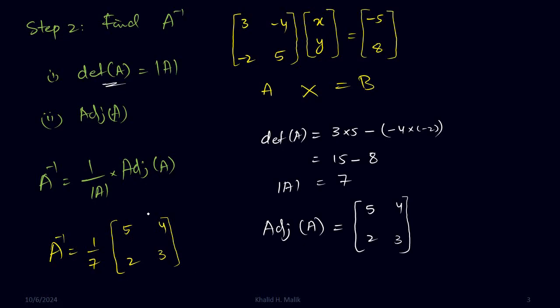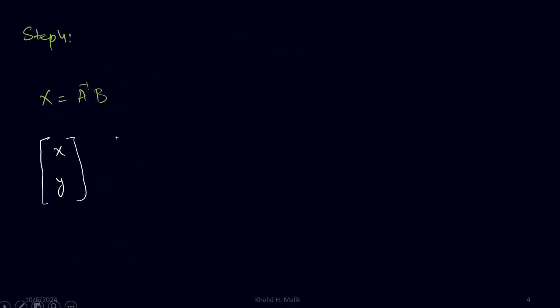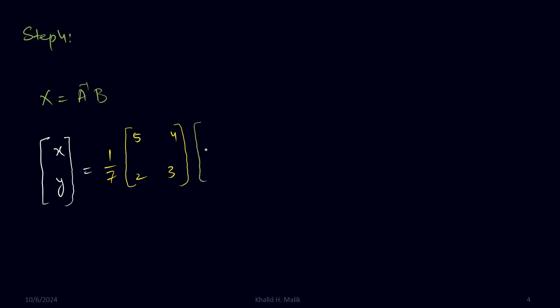So we will use this result here. This variable matrix will be equal to 1 over 7 times the adjoint of the matrix A, which is 5, 4, 2 and 3. And we have our constant matrix, which is minus 5 and 8.